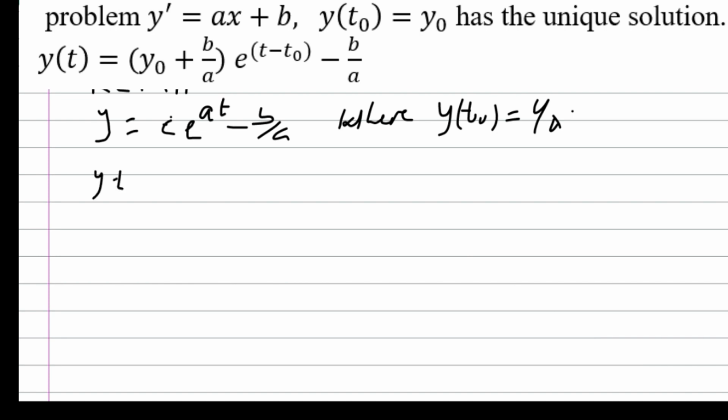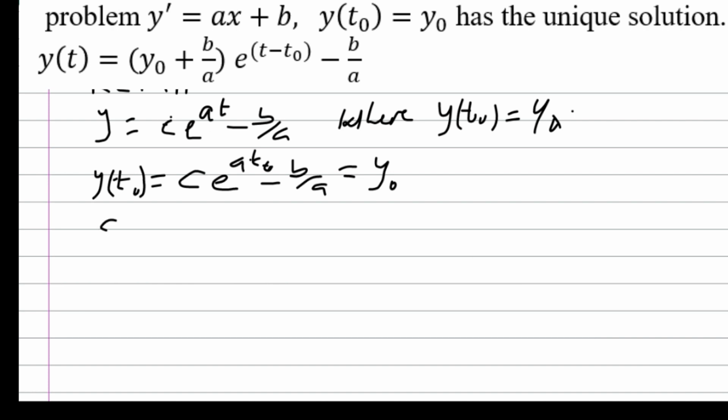So my y of t naught is equal to c e exponent a t naught, minus b over a. I'm looking for c, so therefore I group what? Like terms.